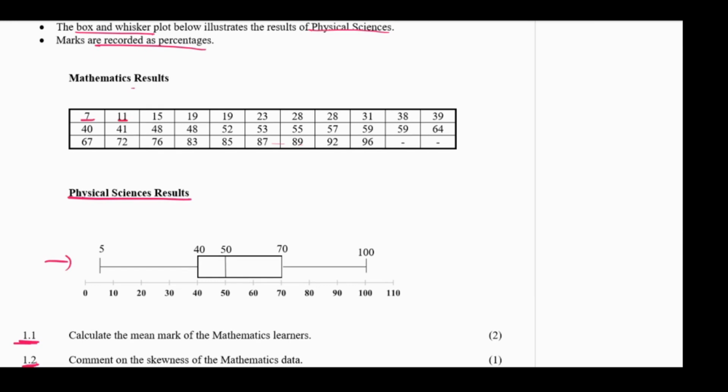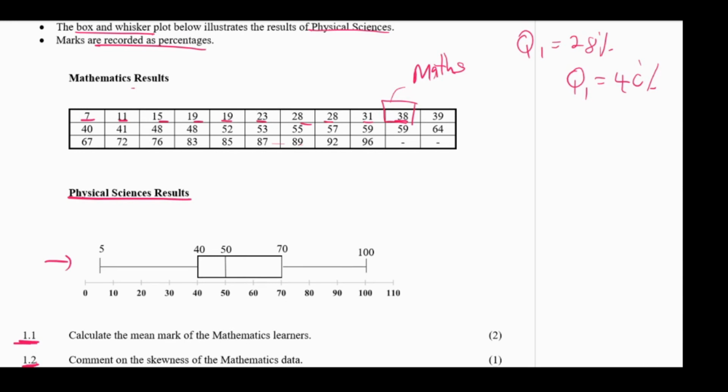So it's going to be 1, 2, 3, 4, 5, 6, 7, 8, 9, 10. The 10th lowest mark got 38% in maths. But remember, the Q1 of maths was 28% and the Q1 of physics was 40%.